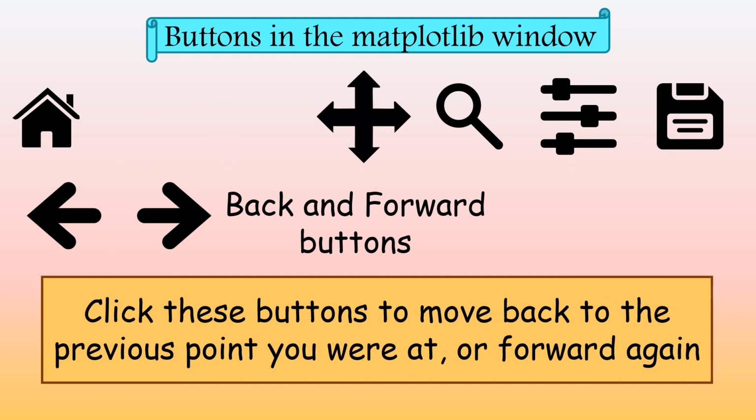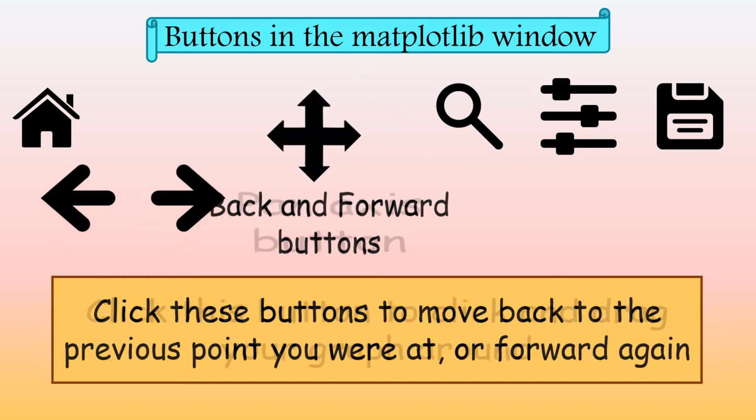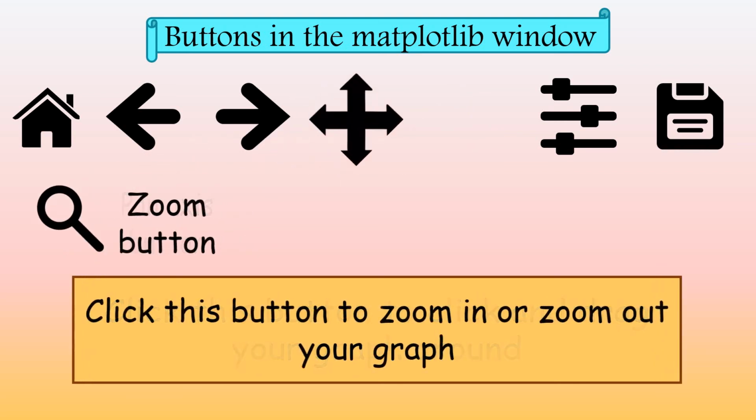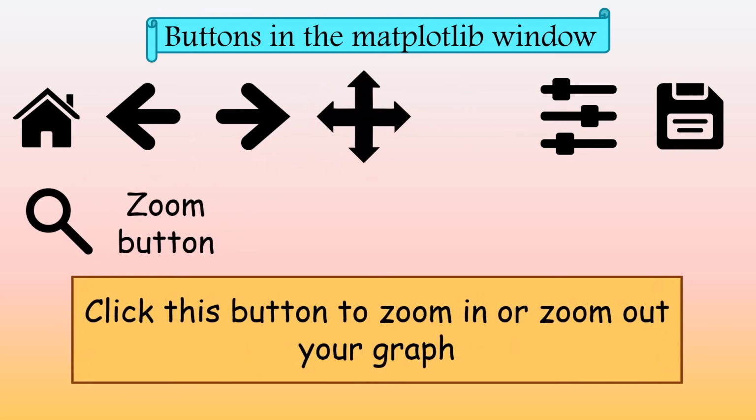These are the back and forward buttons. Click these buttons to move back to the previous point you were at or forward again. Pan axis button. Click this button to click and drag your graph around. Zoom button.